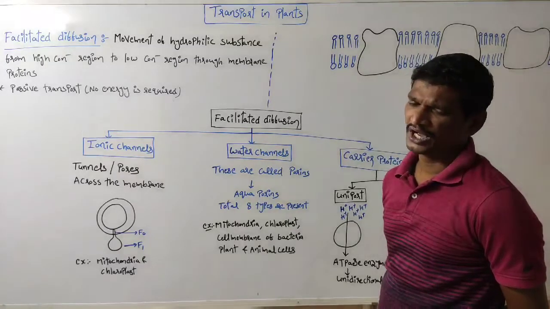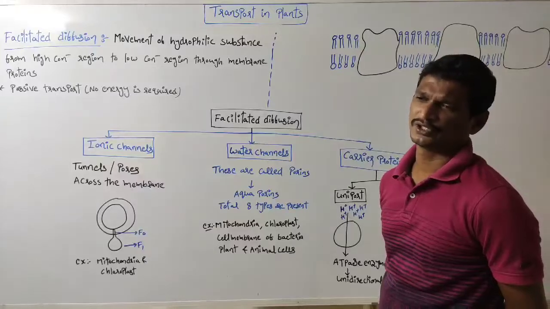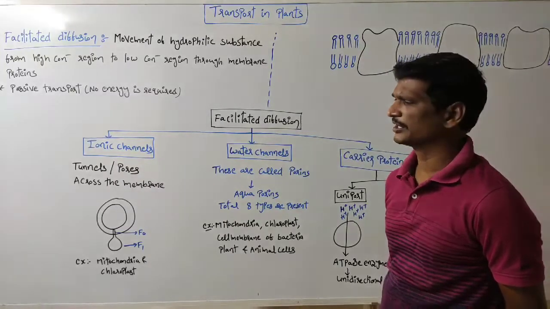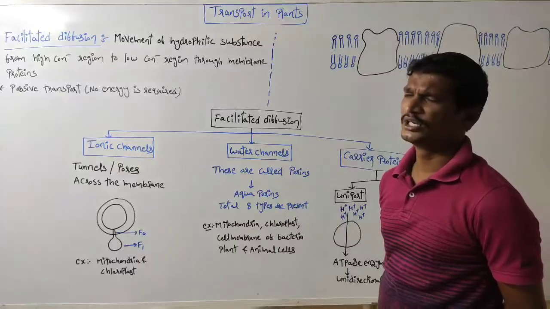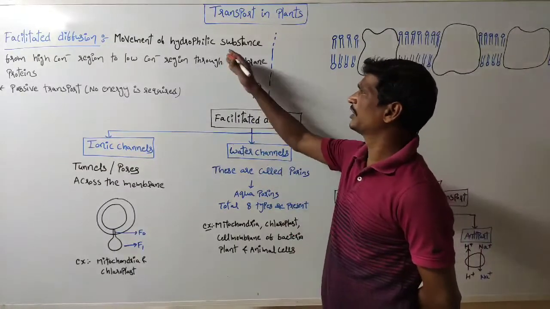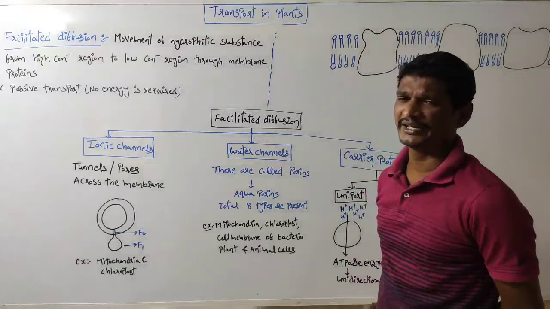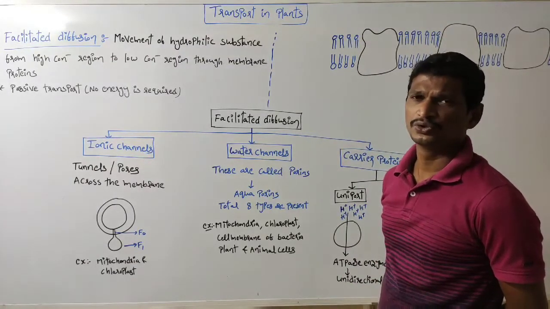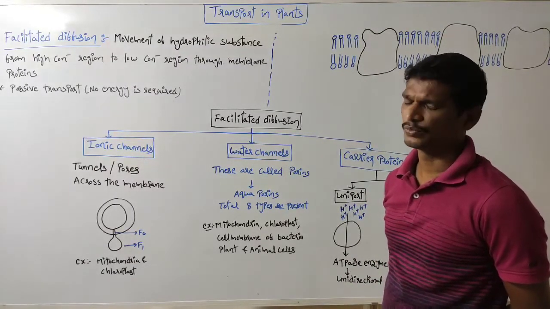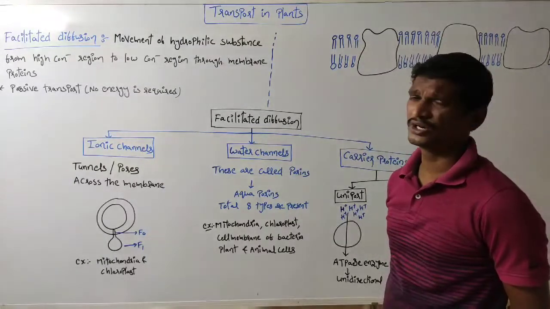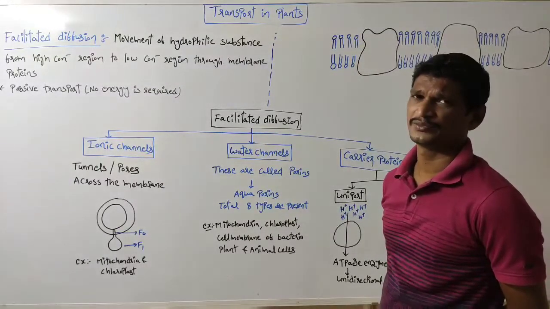Through the proteins, hydrophilic molecules are transported. So the movement of hydrophilic substances from high concentration region to low concentration region through special proteins or carrier proteins is called facilitated diffusion.